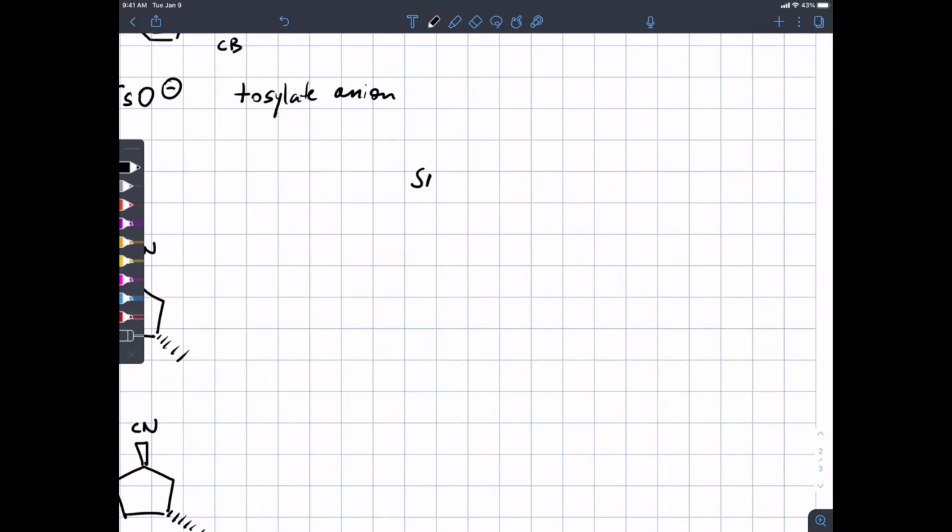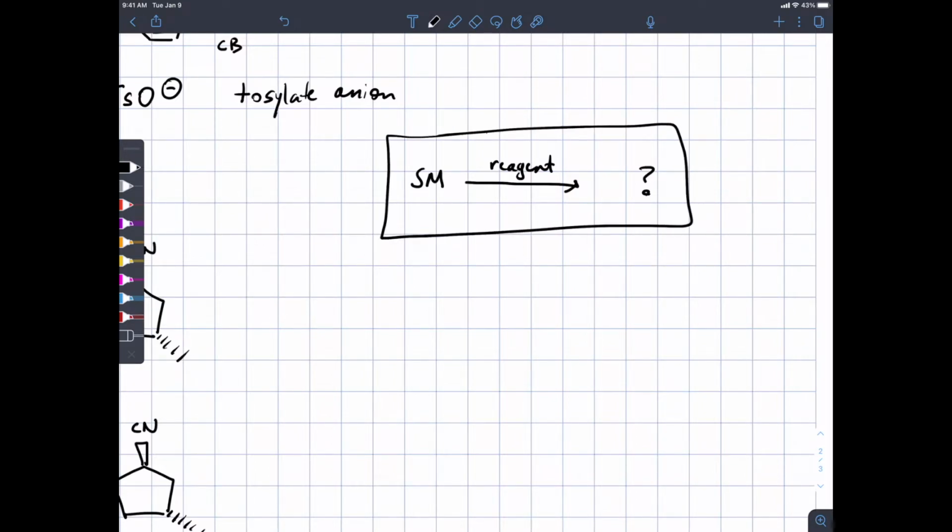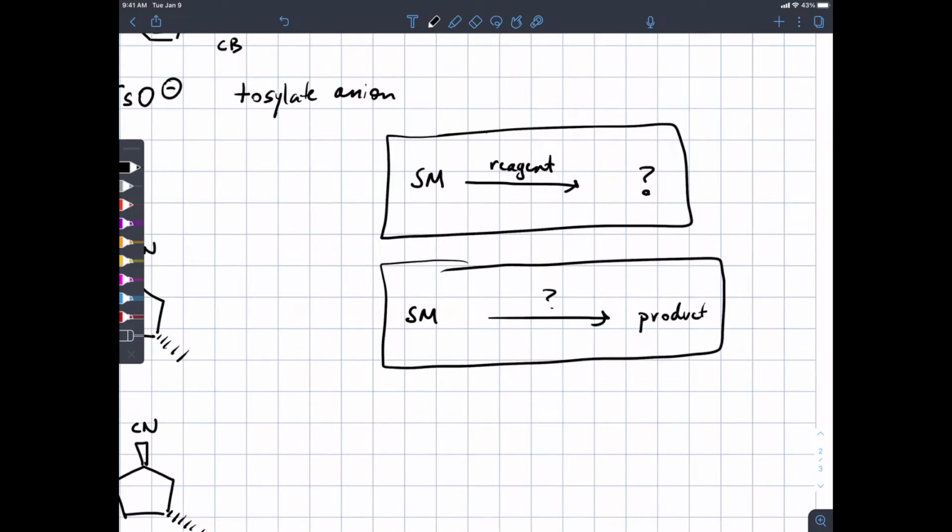That is, starting material and reagent, and then you provide the product. You could imagine making a flashcard like that with the answer on the back. But that's not enough. You should also do starting material and product, and then you fill in the reagent. That's going to help you with synthesis questions where you think, okay, I need to make this particular kind of bond. I need to get this product. What reagent makes that happen?